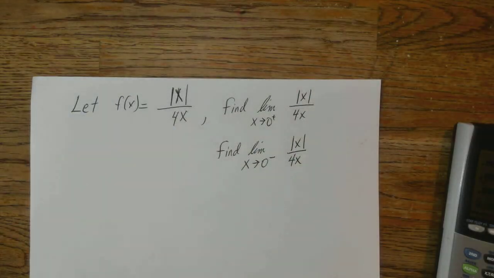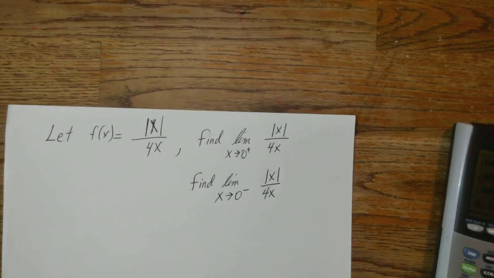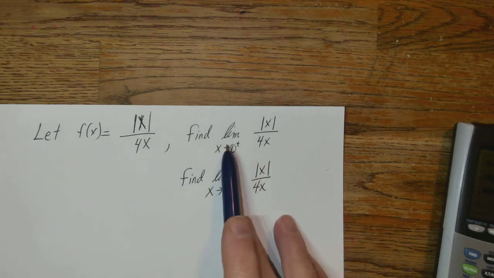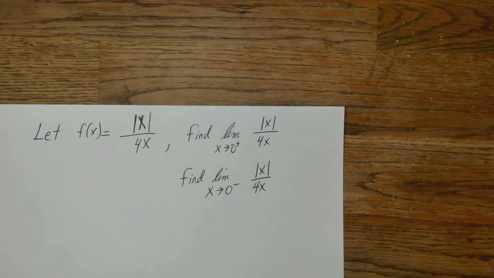If I were to do this example here, I've got this function here, and I want to look at these two values. I'm going to use a graph this time.